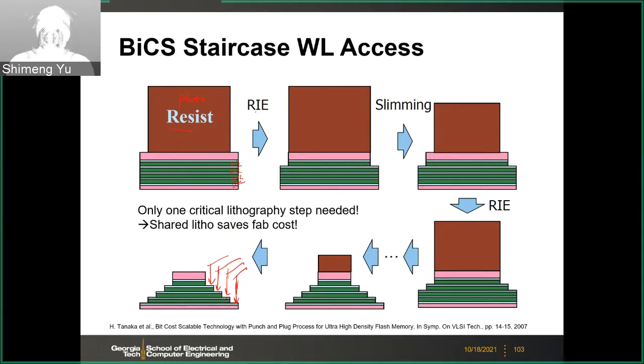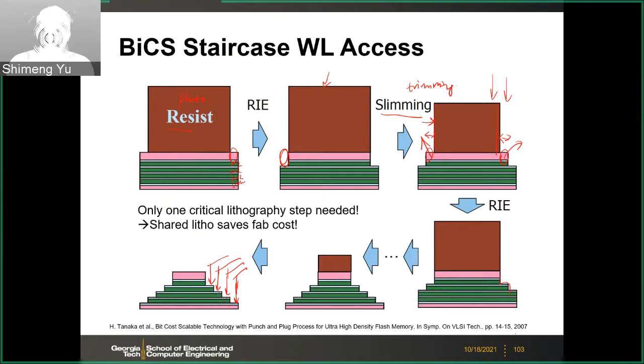So you do the reactive etching to etch out this part, and then you slim or trim the photoresist a little bit. You don't do another litho. With the existing photoresist, you use some chemicals to make it thinner, to shrink it a little bit. Then you do the etching again, so you etch out this part.